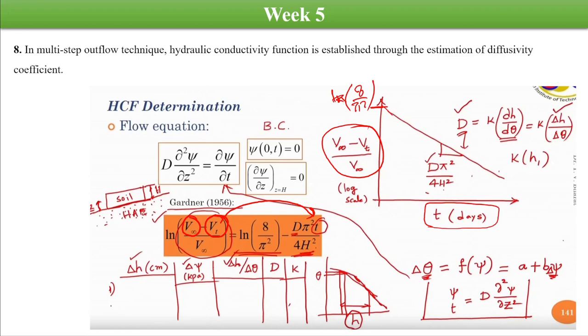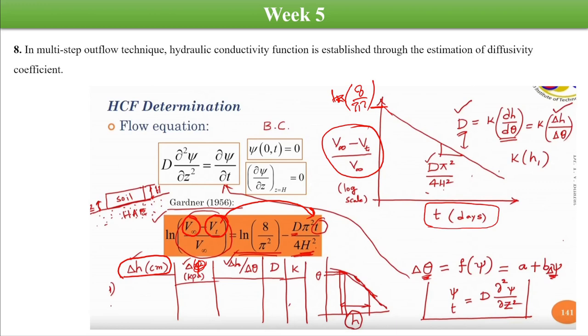So how we calculate the hydraulic conductivity from the multi-step outflow technique is that first, from the observation, we calculate the change in the head, delta h, and also the change in the volumetric water content, delta theta.